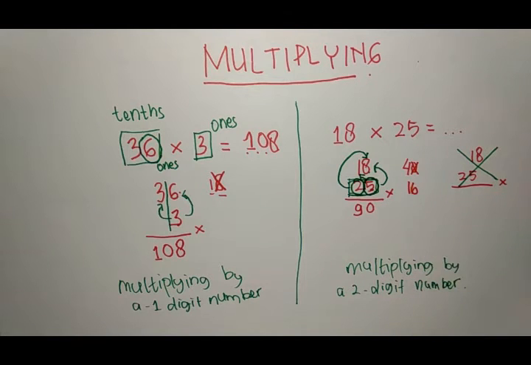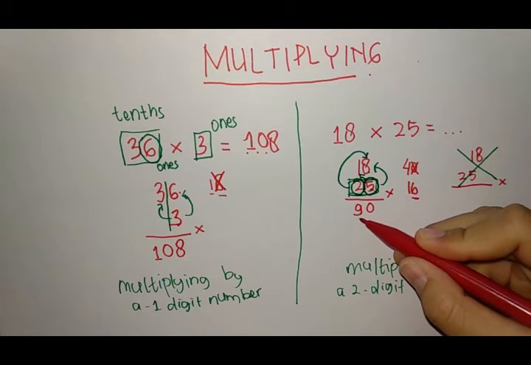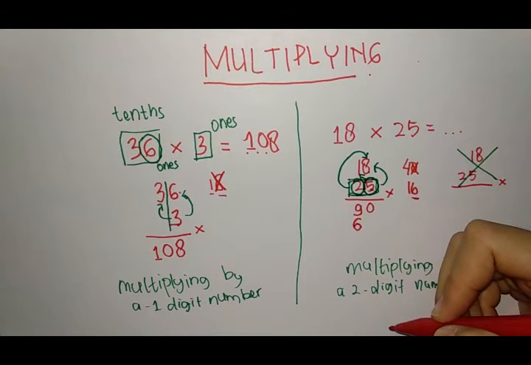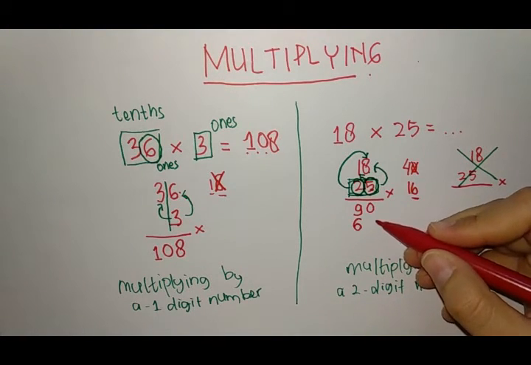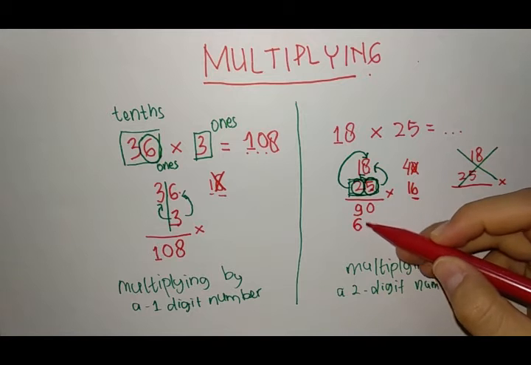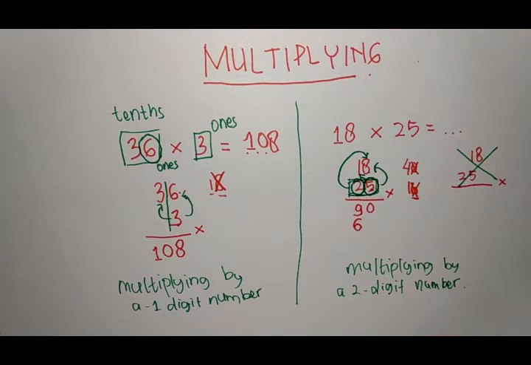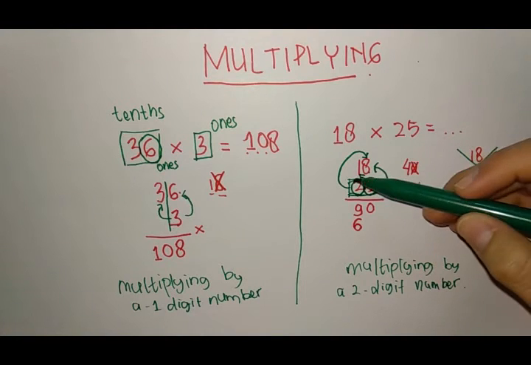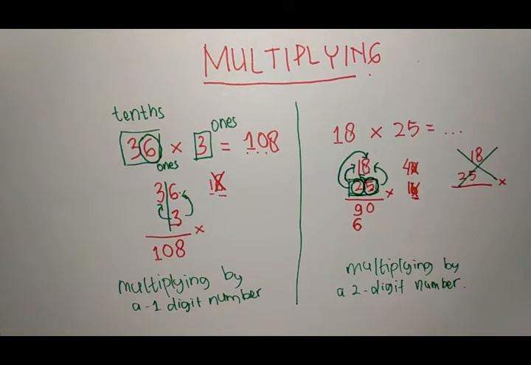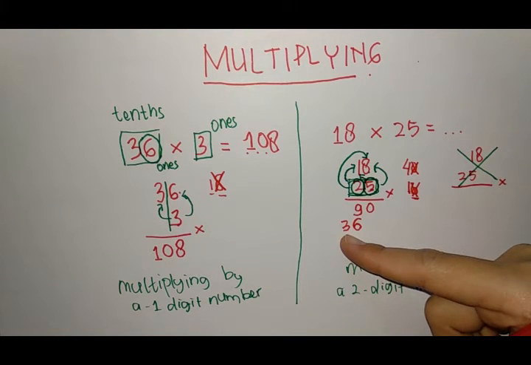So we have to write the last number, 6, in the tens position. Erase the 6. We still have 1, and then after this we multiply 2 by 1. 2 times 1 equals 2, and then plus 1 is 3. You can write 3 in front of the 6.